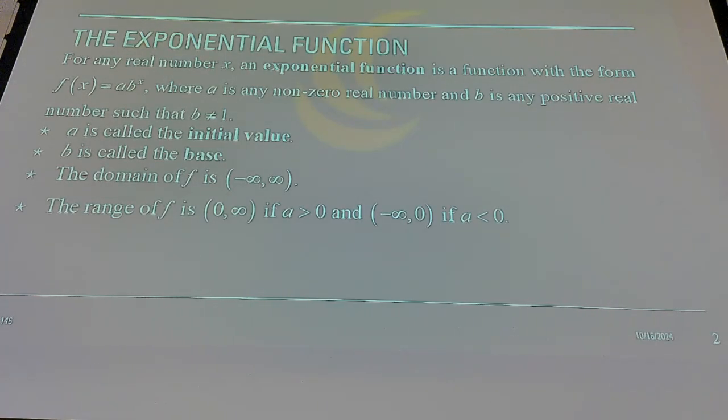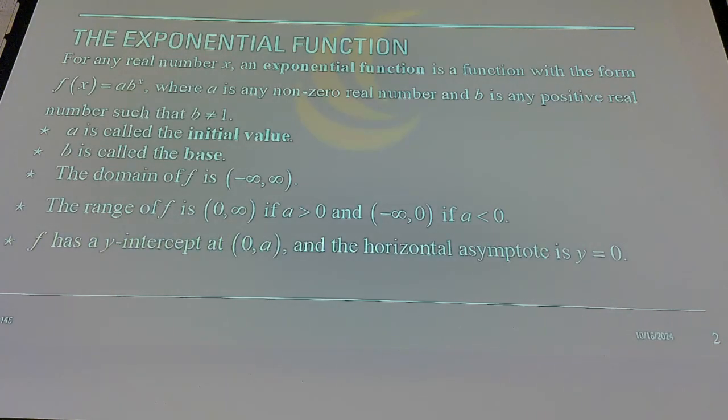This means that b to the x itself is always positive. The y-intercept at 0, a, and the horizontal asymptote y equals 0.